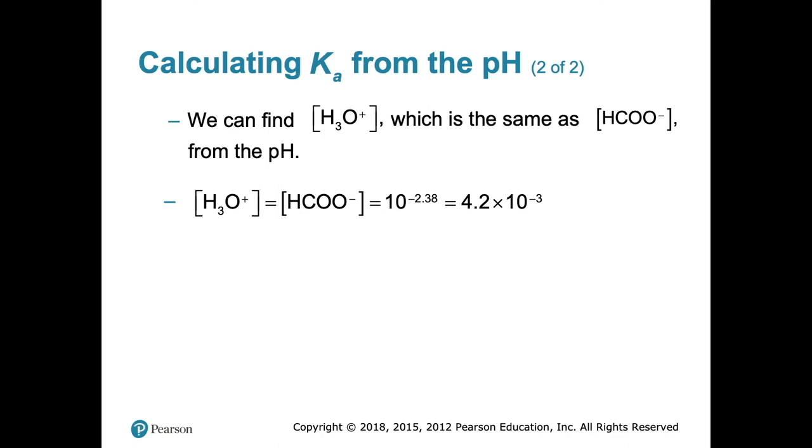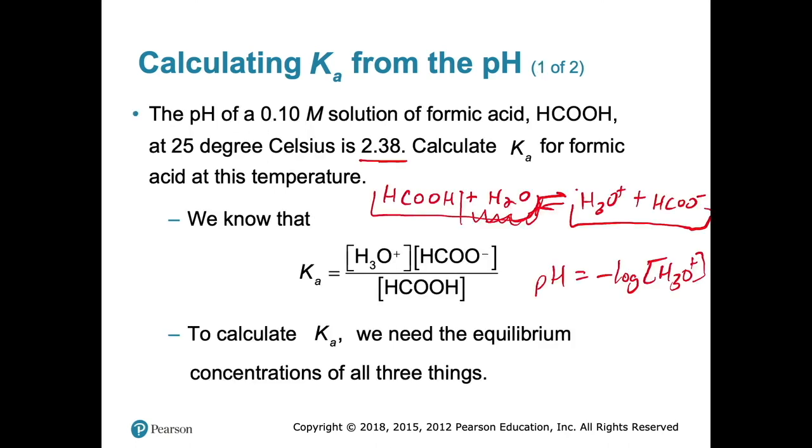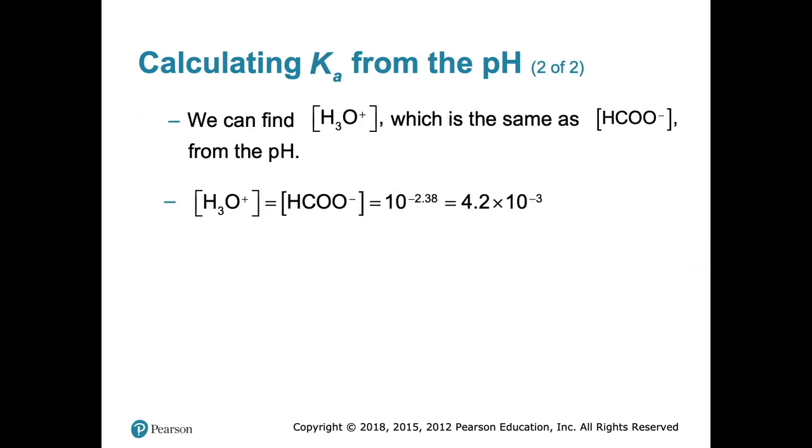So on this calculator, there's a button just above the log button that says 10 to the x. That's the button you should be using. The x is the negative pH. So to undo a negative log on this side of the equation, you've got to do 10 to the negative pH.